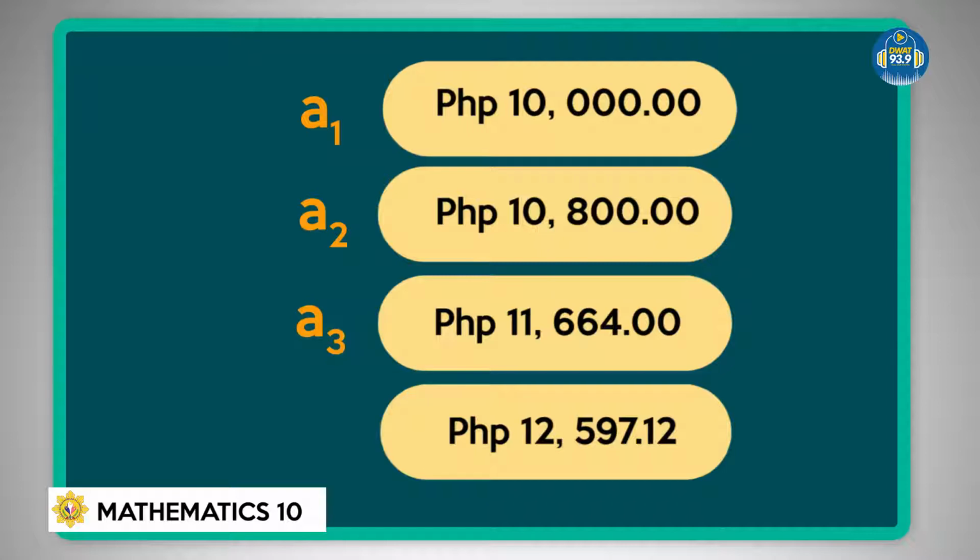And the third term, A sub 3, is obtained by multiplying 10,800 pesos by 1.08, and we have 11,664. And the fourth term, A sub 4, obtained by multiplying 11,664 by 1.08, is 12,597.12 pesos.